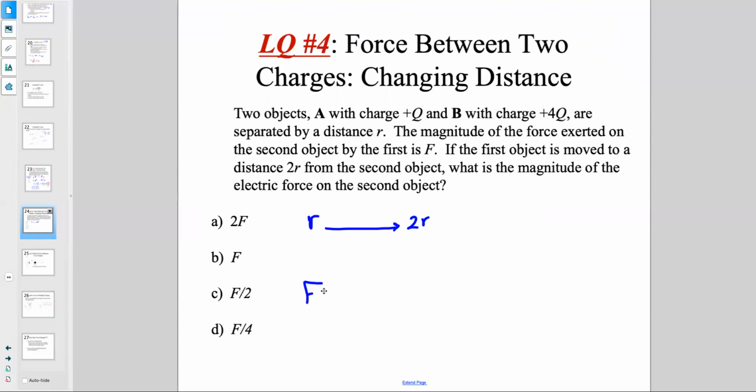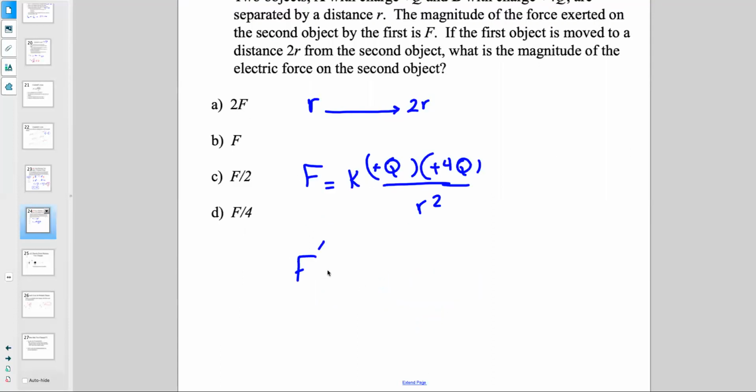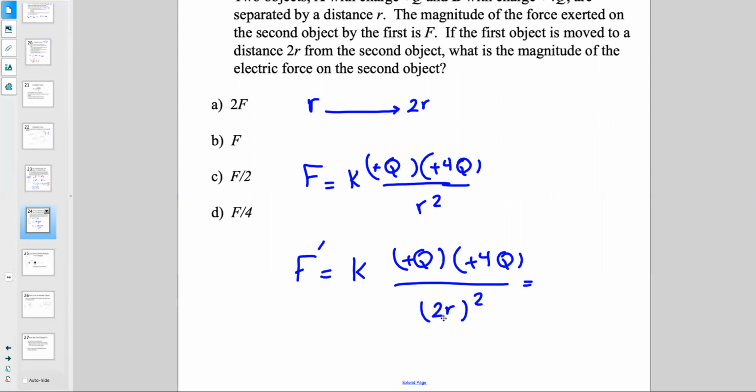So what we know is that this is F, k positive q, positive 4q over r squared, that's F. But now the F prime is k positive q, positive 4q, but instead of having r squared, you have 2r squared. In other words, you can have this 2 to the power of 2, which is 4, and you can bring that out of this equation.